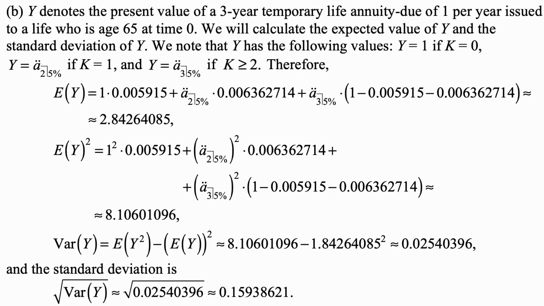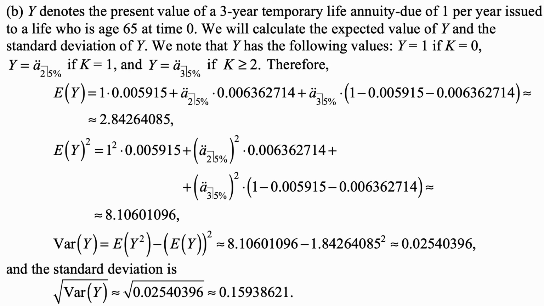For part B, Y denotes the present value of a 3-year temporary life annuity due of 1 per year issued to a life with age 65 at time 0, and we will calculate the expected value of Y and the standard deviation of Y. We note that Y has the following values. Y is 1 if K is 0.